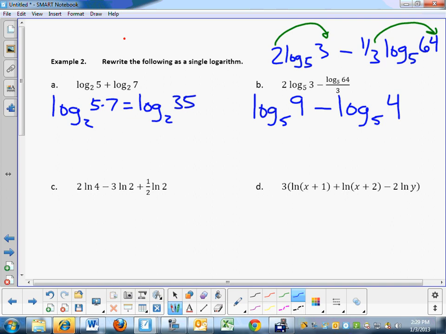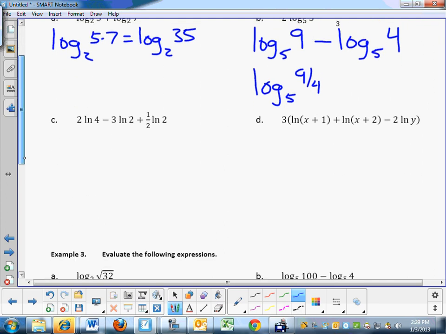Instead of writing as subtraction, I can write them as 1 using division. So you got the log base 5 of 9/4. It's good. So this whole expression that you see for B actually simplifies to this. It's really cool.